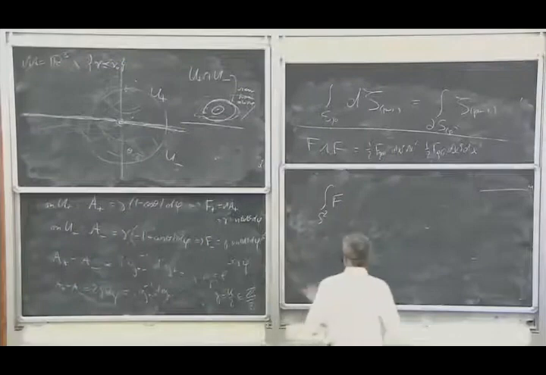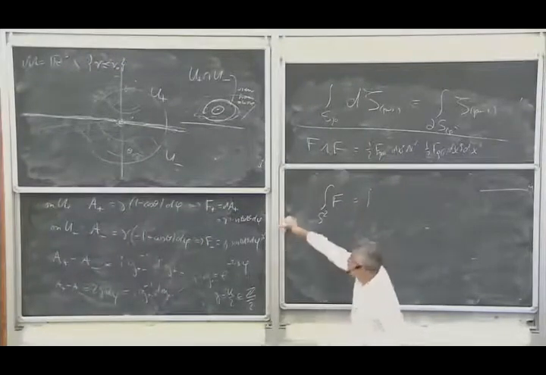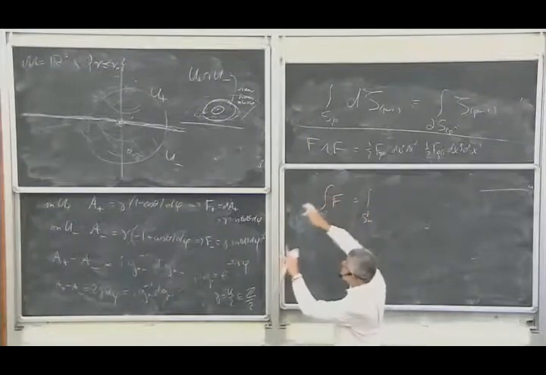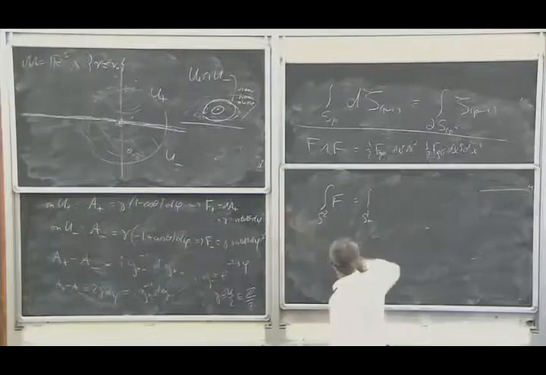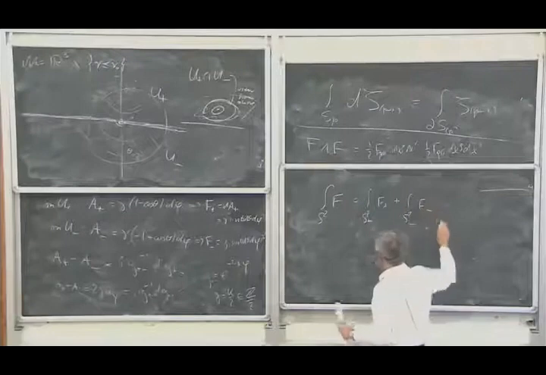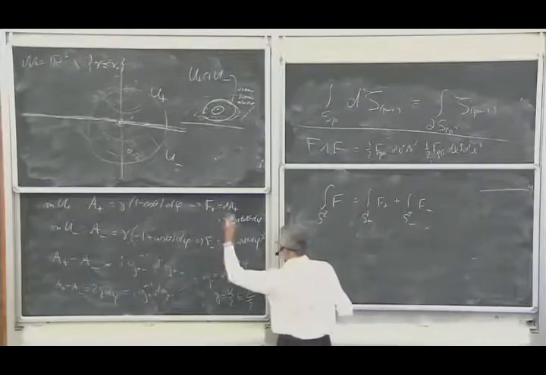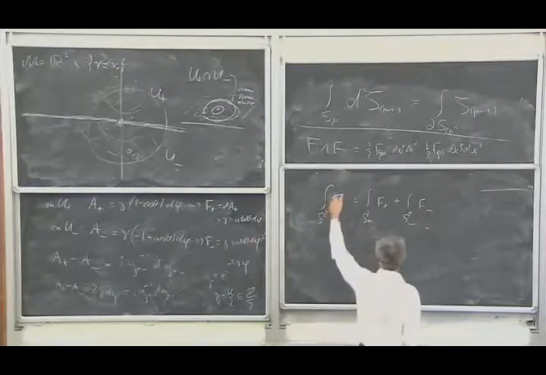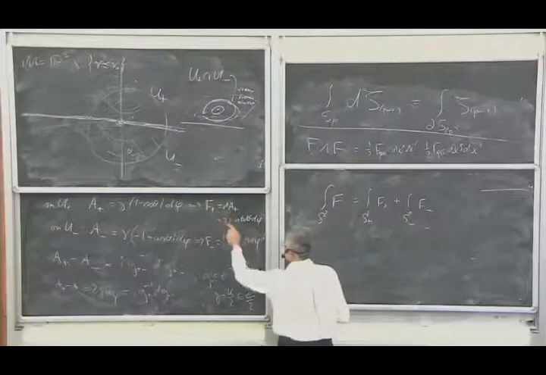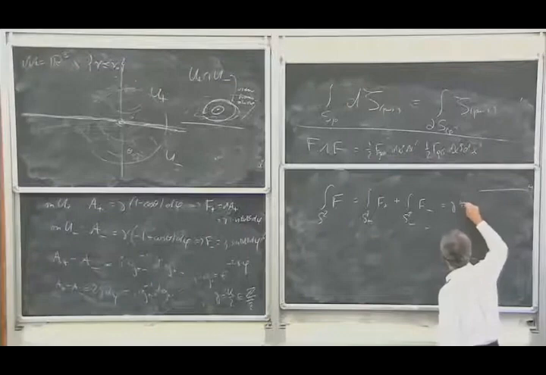Well, that's the integral over, I have to use my two coordinate patches, over an upper half sphere, which is S2 intersected with U plus, of F plus, plus S2 minus of F minus. But of course, F plus is the same as F minus, and that's just the same as integral of F over the whole sphere. But F is just gamma times the volume form. So we get gamma times 4 pi.